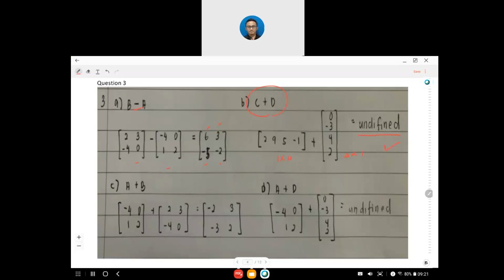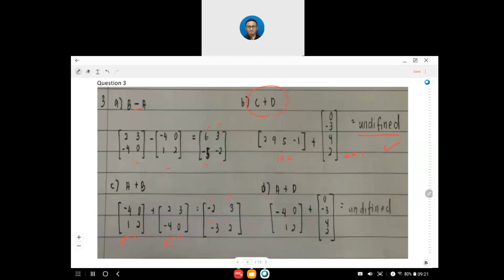And then for C, A plus B. We know that your A matrix is 2 times 2 and your B matrix is 2 times 2. Since the size is equal, you can solve this operation. So you can get negative 2, 3, negative 3, and 2.